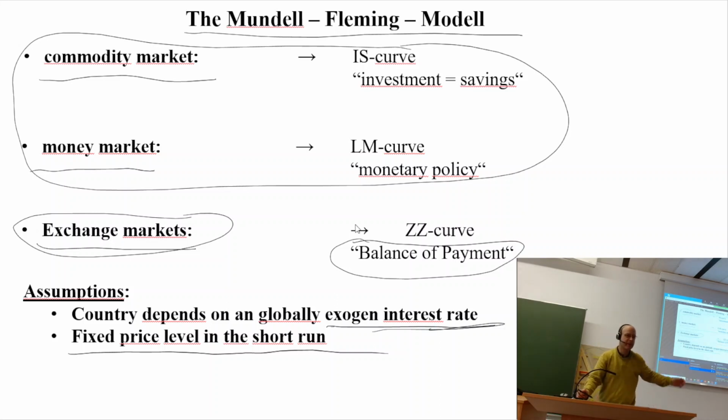So on the one side, all goods and services we are exchanging, and on the other side, all the capital flows, and these two have to equate. And this equation then will give us the so-called ZZ curve. And this, of course, will then depend on the prices of the goods we are exchanging internationally.